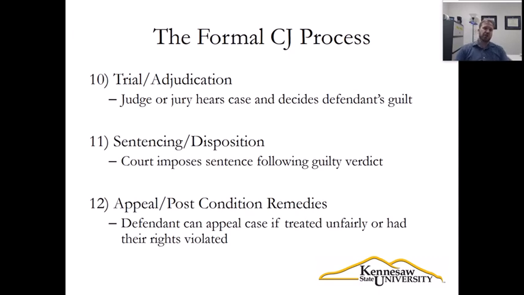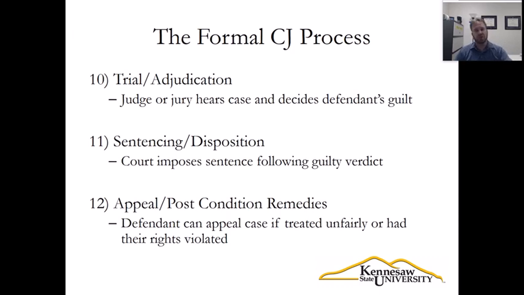And this is where the judge or the jury hears the case and decides on the defendant's guilt. We'll talk more about the trial process after we get past this chapter, because in this chapter we're just talking about the pretrial process. And then after trial would come sentencing and disposition, which is where they sentence you to the death penalty or prison or jail or community service or whatever you might get.